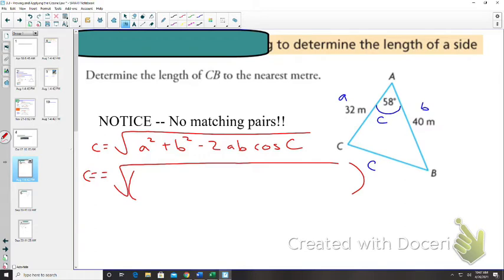And now we're just going to put our values in, and we're going to use brackets to make sure that we don't mess anything up. Brackets are our friend.